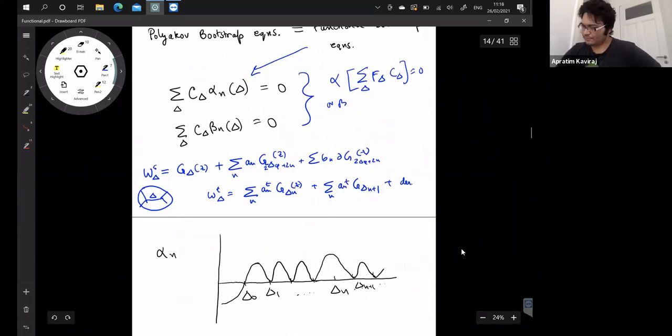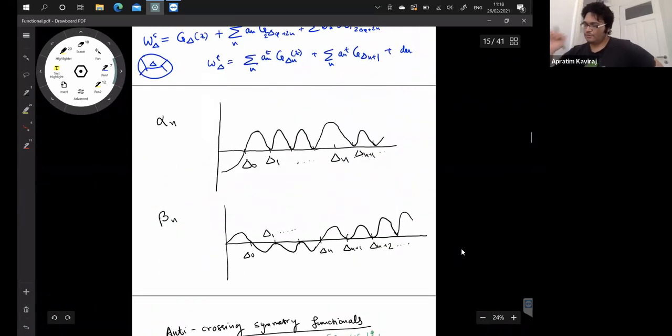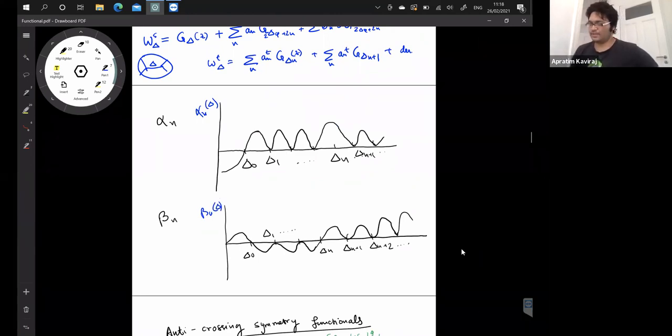All right. So I move on to a simple demonstration of what these alphas and betas are, and how they look. So the alphas and betas, if you plot their dependence on delta, they look like the following.